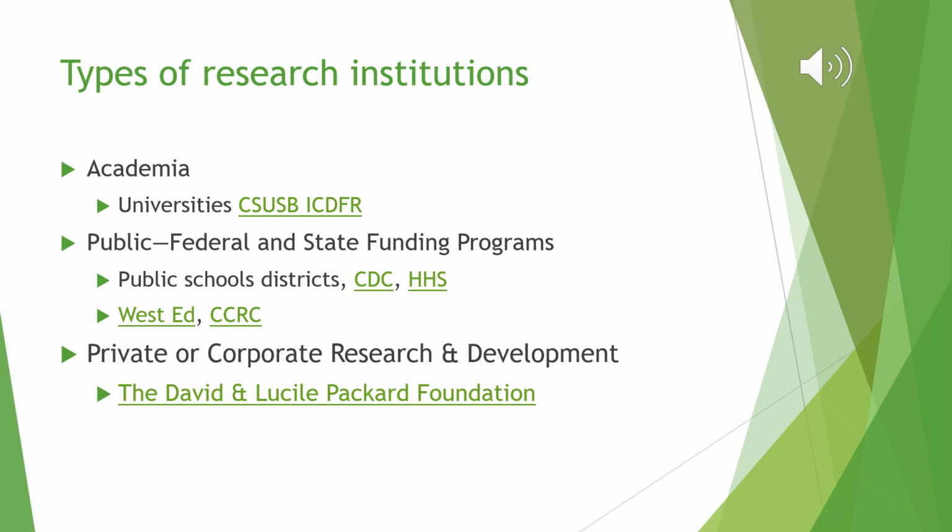Similar to my type of position, being at a university and having a tenure track position, it's pretty typical that part of the expectation of receiving tenure and being a tenure track faculty member is that, yes, you are teaching, but you are also conducting research and looking to sustain funding for that research and bring funding to the university, and really be putting out meaningful research into the larger field of knowledge.